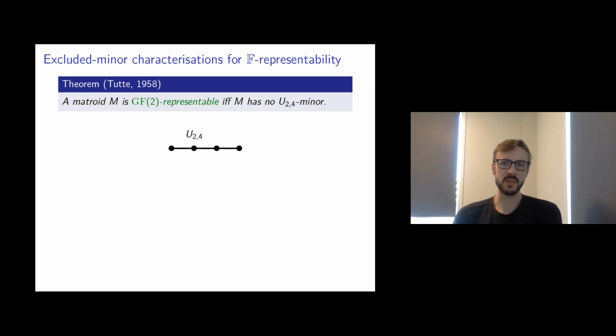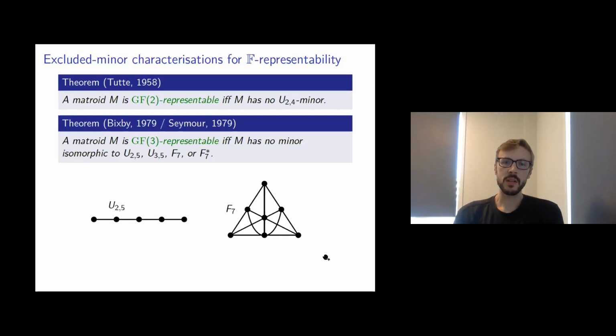So of course, there's one excluded minor for the class of binary or GF(2)-representable matroids.